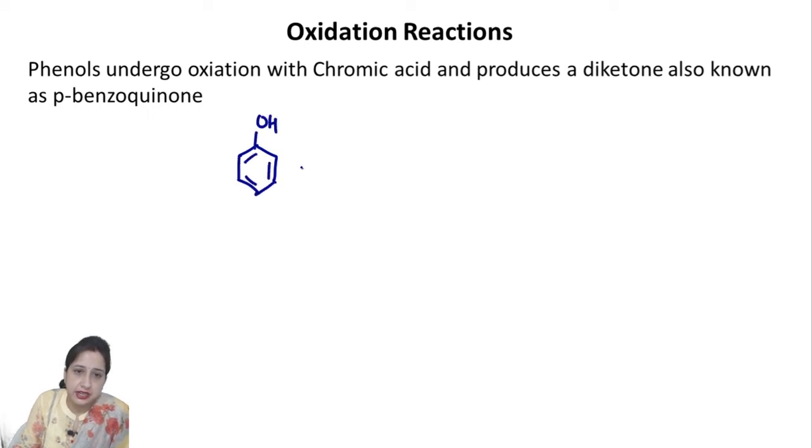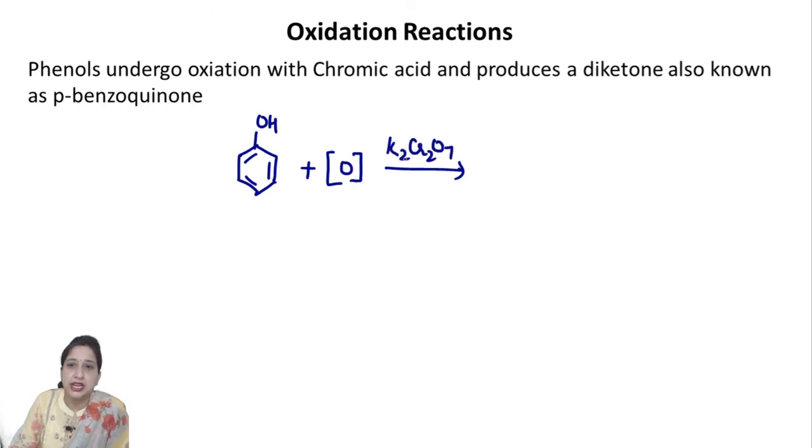When it is treated with an oxidizing agent like chromic acid or potassium dichromate, it undergoes oxidation and produces a conjugated diketone known as para-benzoquinone. So this is your para-benzoquinone.